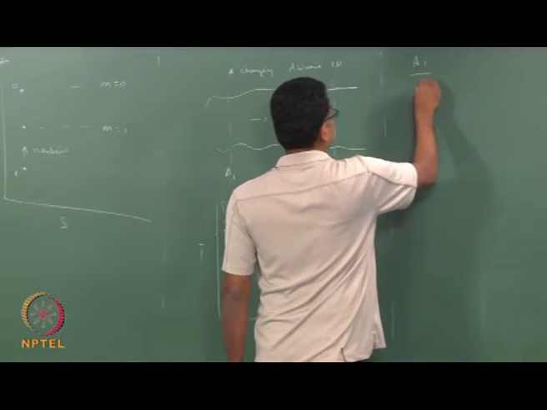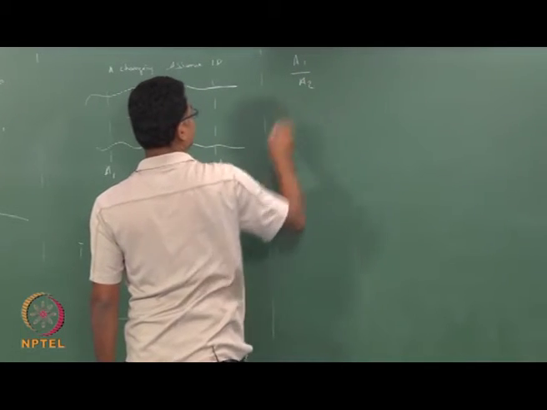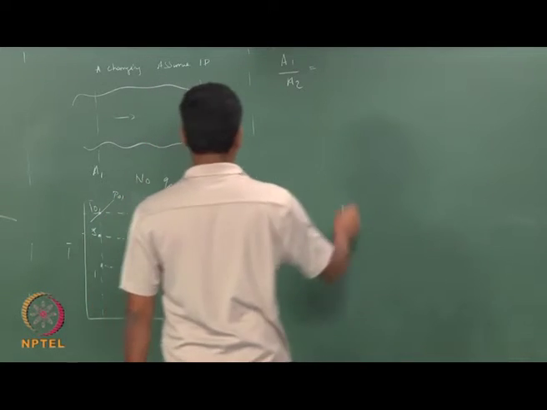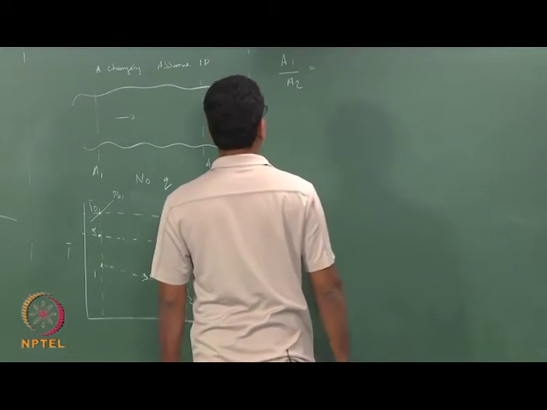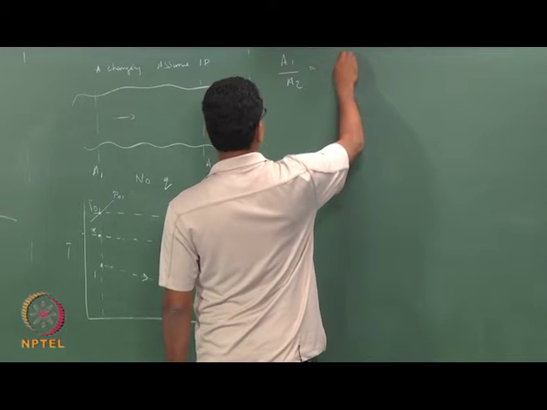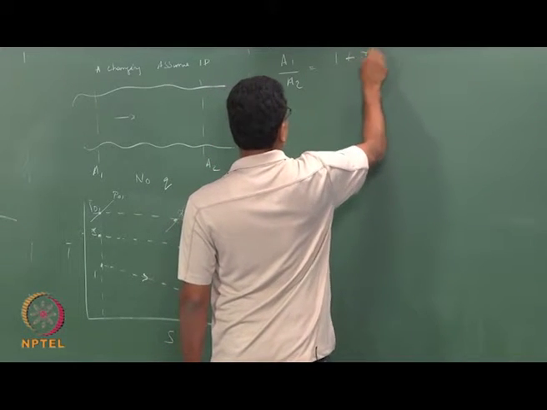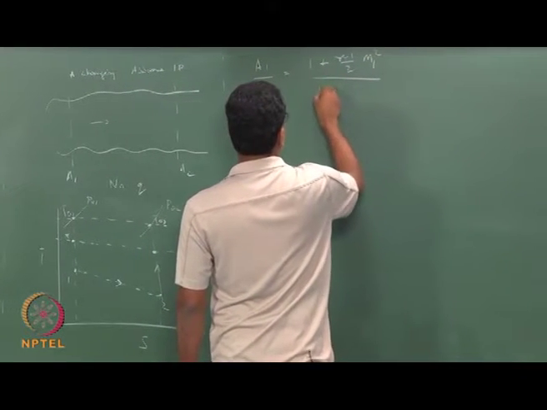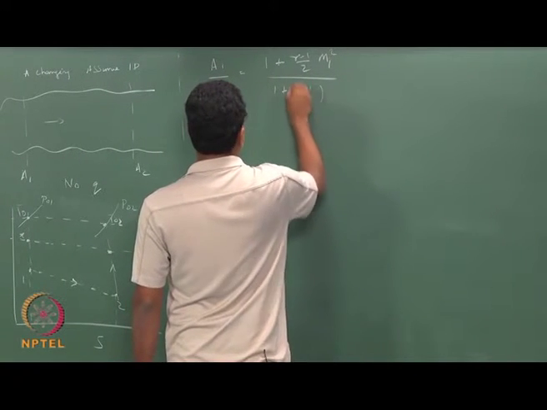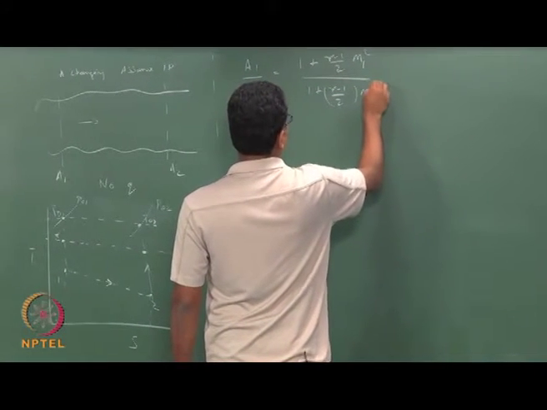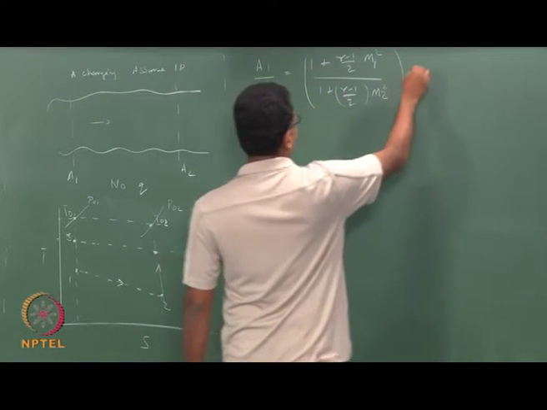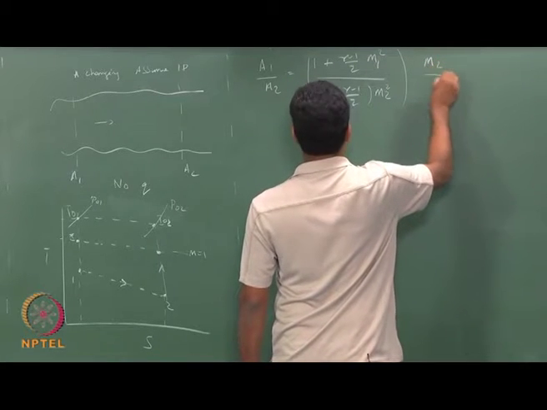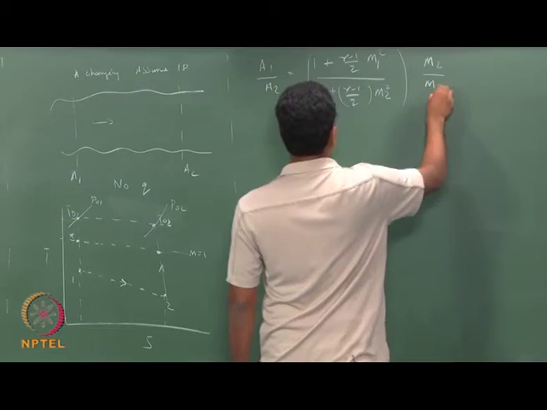So, we have obtained this particular relation: A1 by A2, which depends on the Mach numbers at station 1 and 2, will be 1 plus gamma minus 1 by 2 M1 square divided by 1 plus gamma minus 1 by 2 M2 square, multiplied by M2 by M1.